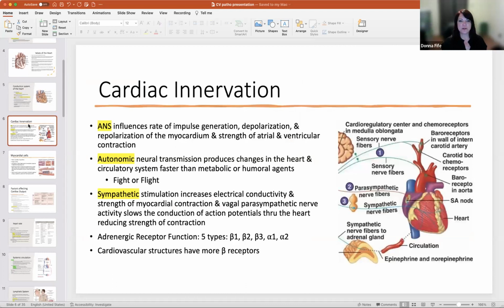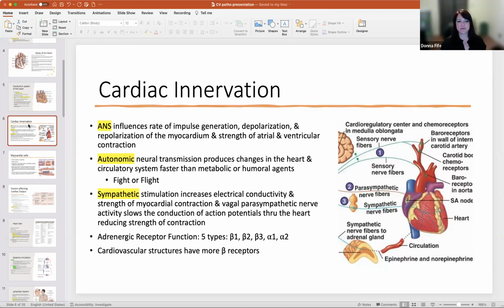Cardiac innervation: the autonomic nervous system influences rate of impulse generation, depolarization, and repolarization of the myocardium, and strength of atrial and ventricular contraction. Autonomic neurotransmission produces changes in the heart and circulatory system faster than that of metabolic or humoral agents.